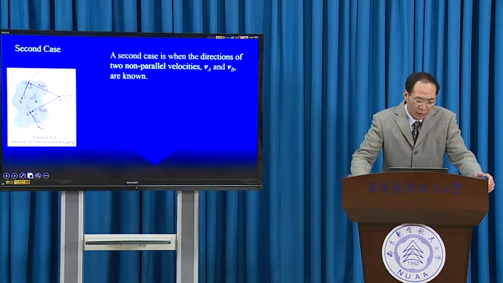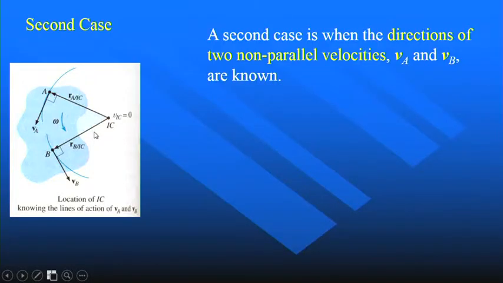So now we already know the two velocities at A and at B. Then, according to the result that the velocity should be perpendicular to the radius at each point, we can draw the lines AIC and BIC perpendicularly.